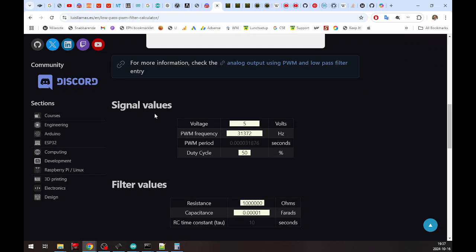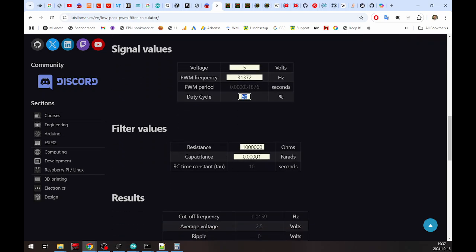And then we have the signal values and the filter values, where we can add them in here. And so we have 5 volts, and we have the PWM frequency 31372, and we put the duty cycle at 50%, and then we can try different values to see what we want.